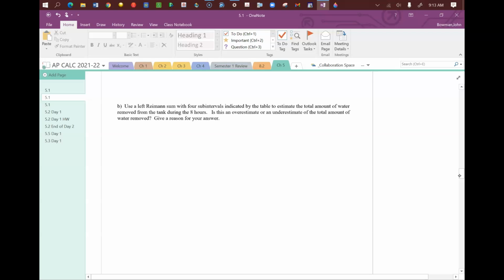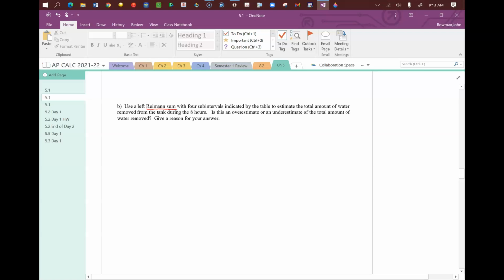In part B, on the other hand, it says use a left Riemann sum with 4 subintervals indicated by the table to estimate the total amount of water removed from the tank during 8 hours. Is this an overestimate or an underestimate of the total amount of water removed? Give a reason for your answer. Okay, so first of all, a little vocabulary. A Riemann sum is what we've been doing in this lesson.